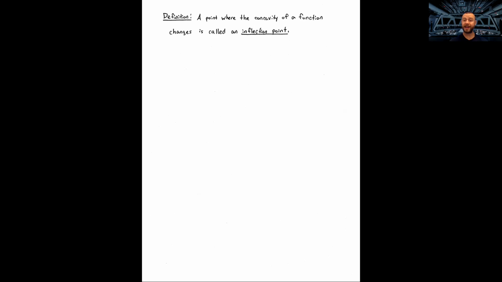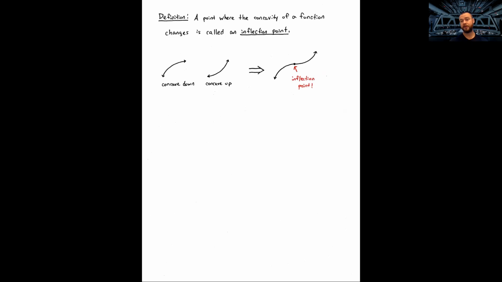Let's take a look at what an inflection point looks like. We have to keep in mind the definition says something about the concavity changing. Now let's take a look at a concave down shape and a concave up shape. So we have the two individual pieces there. How we can get an inflection point is basically gluing those two pieces together.